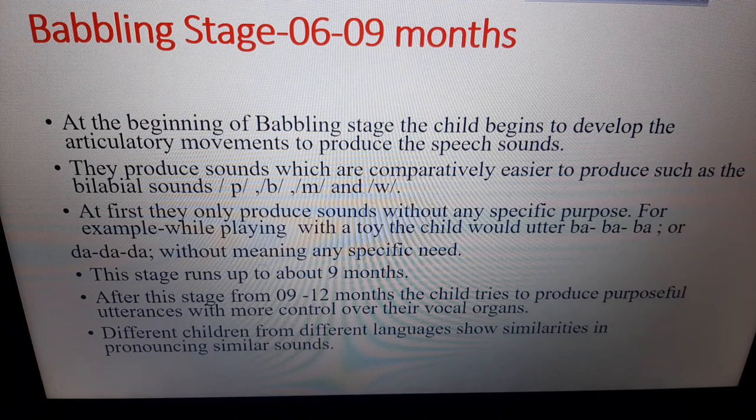After this stage, from 9 to 12 months, the child tries to produce purposeful utterances with more control over their vocal organs. Different children from different languages show similarities in pronouncing similar sounds.